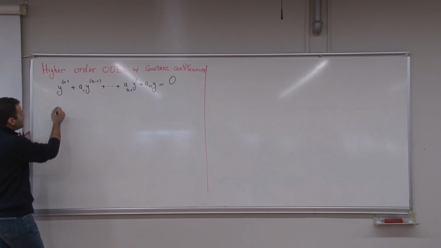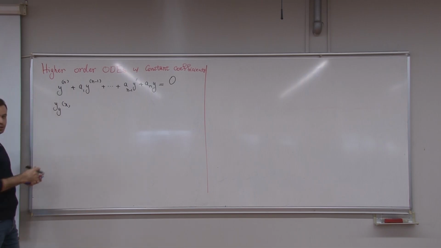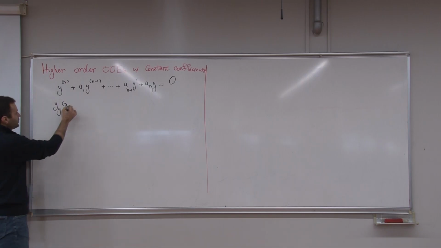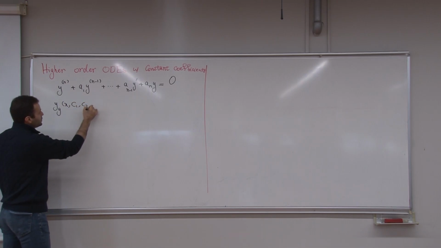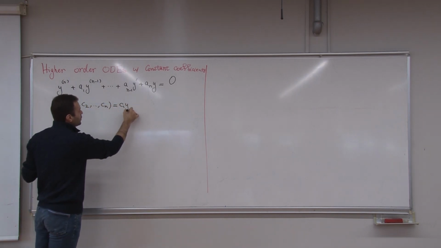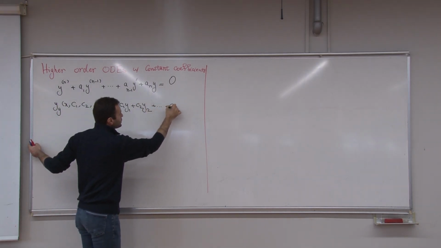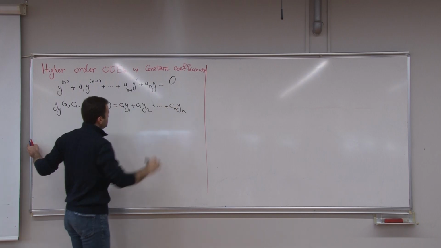We can show that the general solution, which we denote by this, and since we have the nth derivative, it is going to include n constants, and we write it as c1, c2 up to cn. This is going to be c1 y1 plus c2 y2 plus up to cn yn.